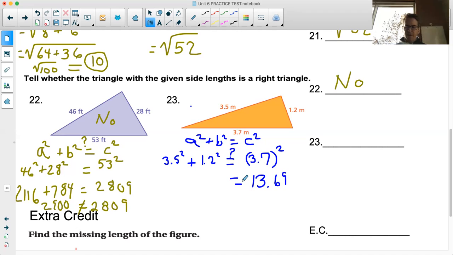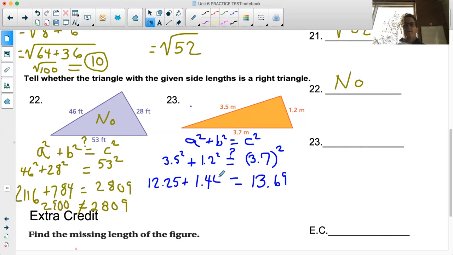And 3.5 times 3.5 is equal to 12.25. 1.2 times 1.2 is 1.44.